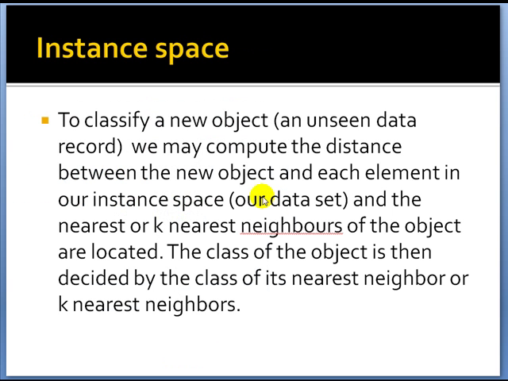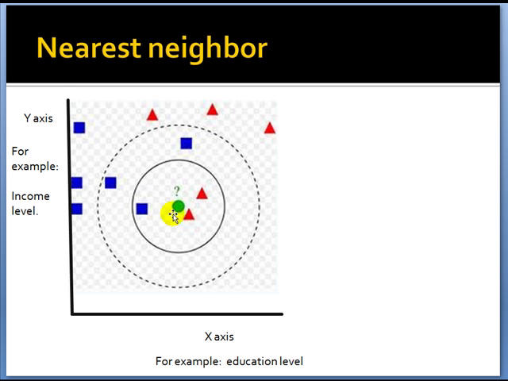So to review, to classify a new object, an unseen data record, we may compute the distance between the new object and each element in our instance space, our data set, and the nearest or k nearest neighbors of the object are located. Here it's slightly different from what I said about choosing a radius.